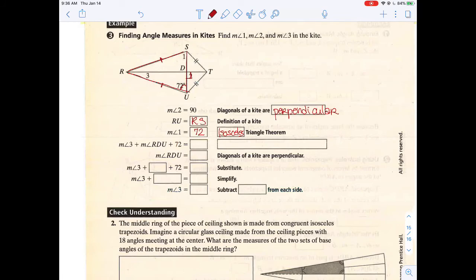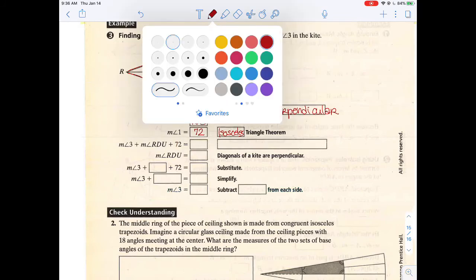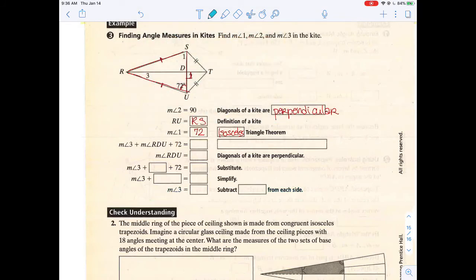Then we know that the measure of angle 3 plus angle RDU plus 72 equals 180, because that's a separate triangle. And that's by the triangle angle sum theorem.